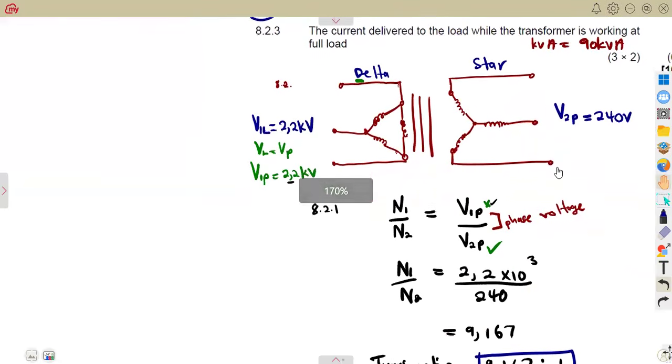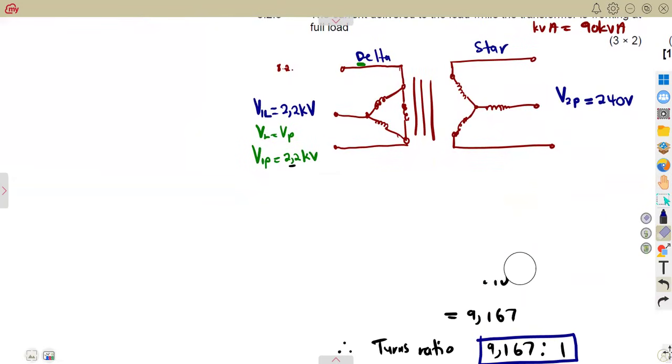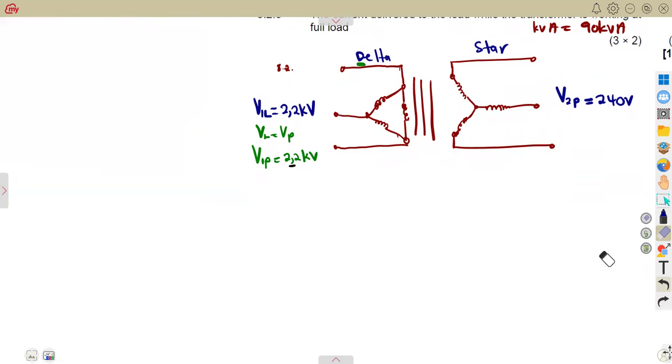Remember our kVA, the rating. The rating is calculated as the apparent power, and this apparent power can be used to our advantage in this case, because the apparent power is given as the rating of the transformer.